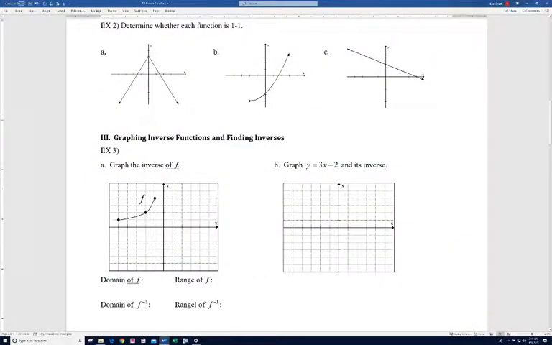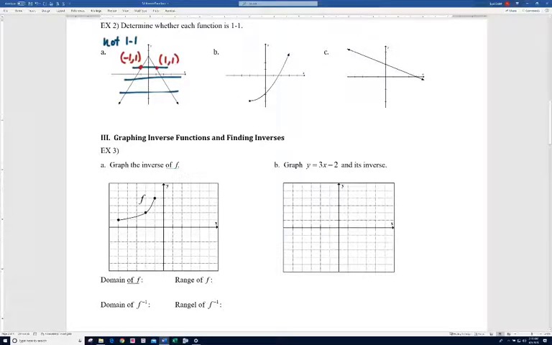So determine whether each function is one-to-one. If you look at A, notice there are several places where this one does not pass the horizontal line test, and so this one's not one-to-one. Again, let's discuss why. Notice those 2 points.